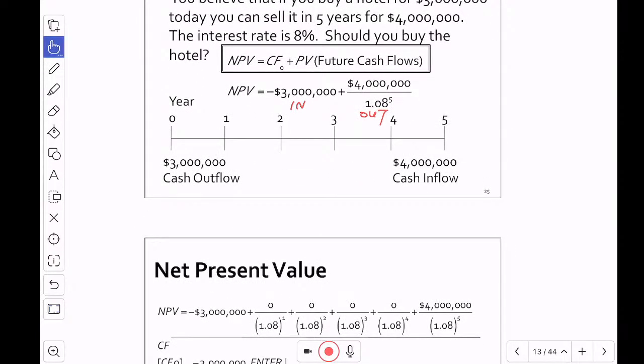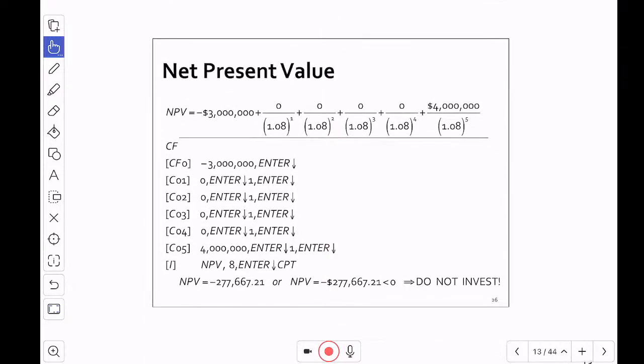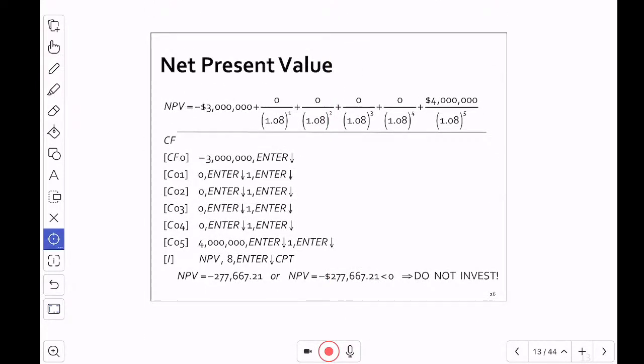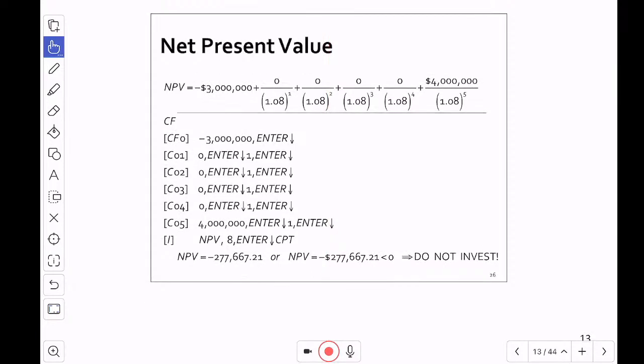And the steps involved in that are these. There are two ways to do this.